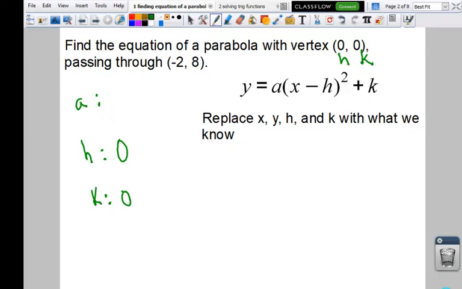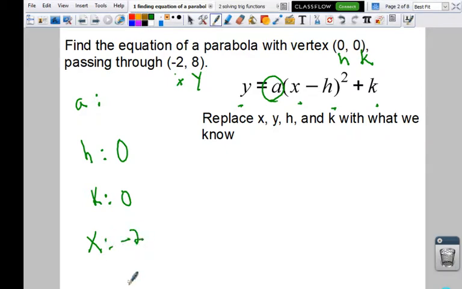I don't really know what a is right now. So I'm going to fill in numbers for h and k. And if I fill in numbers for x and y, the only thing I would have left is a. If I fill in numbers for h, k, x, and y, that means I can solve for a. I'm going to take this point here. See how it says passing through (-2, 8)? -2 I'm going to put in for my x. 8 I'm going to put in for my y.